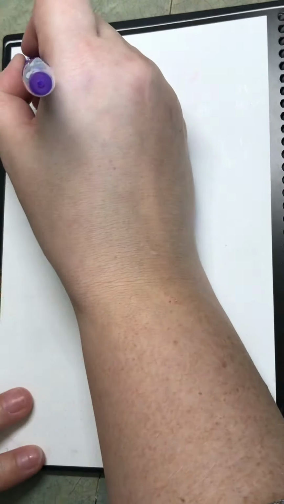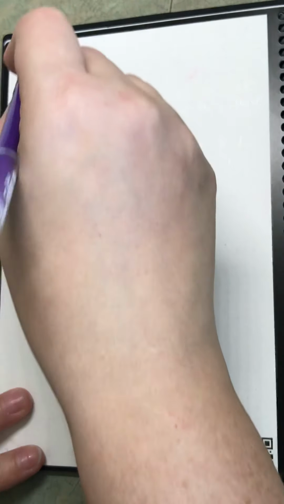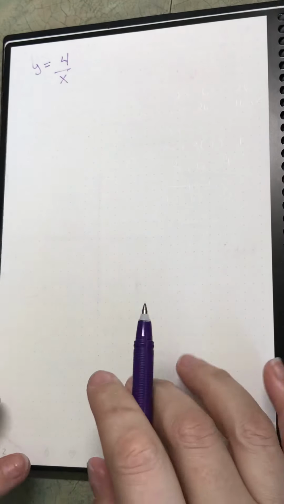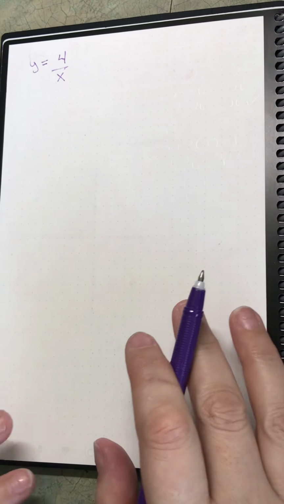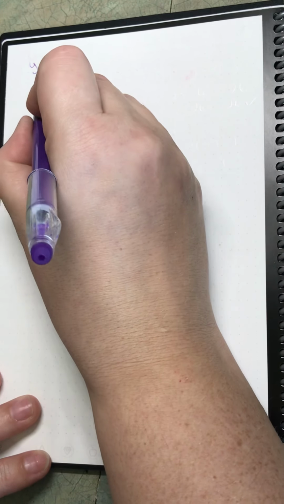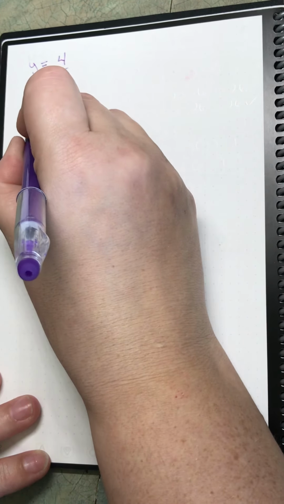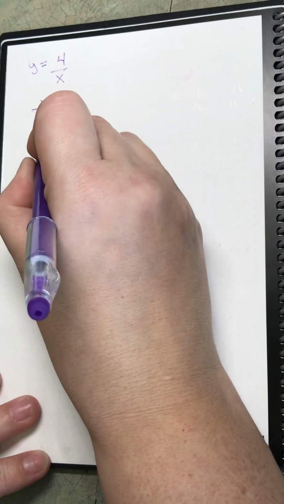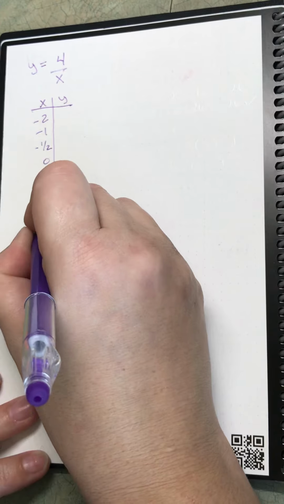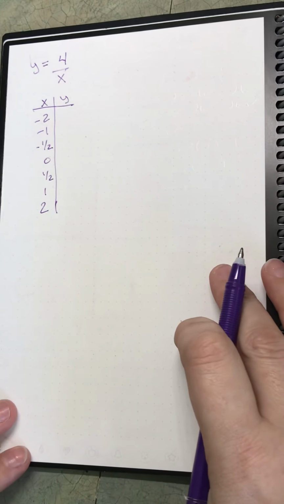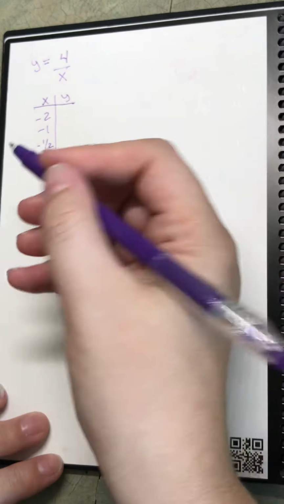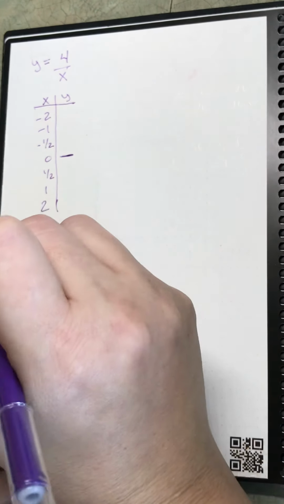So what if we had y equals 4 divided by x? Again, thinking about that table. So 4 divided by 0 can't happen, so we already know that that's the asymptote.